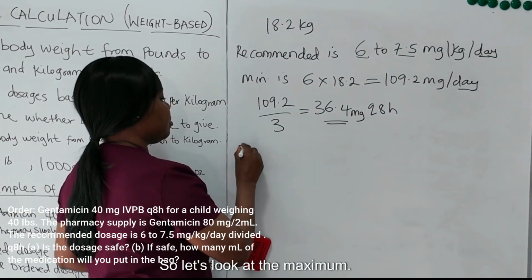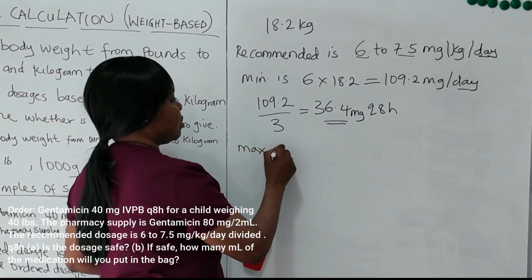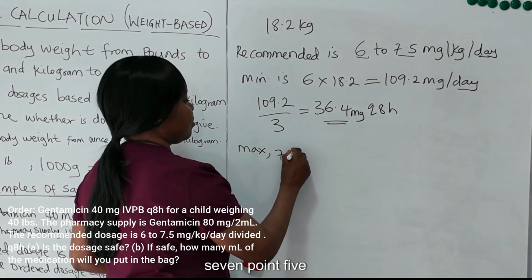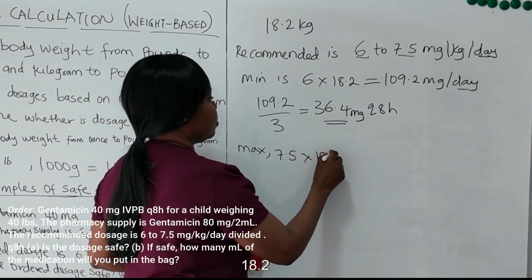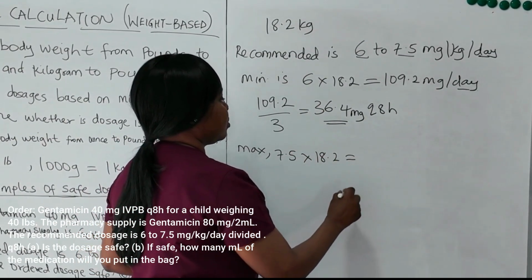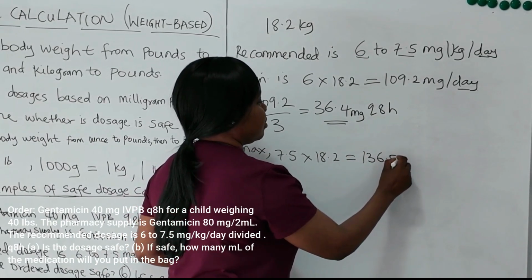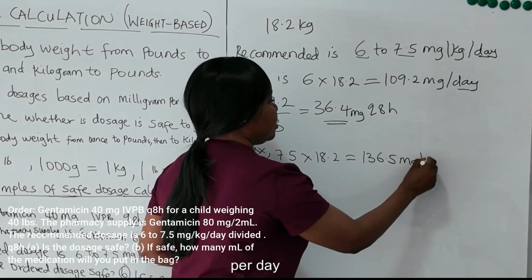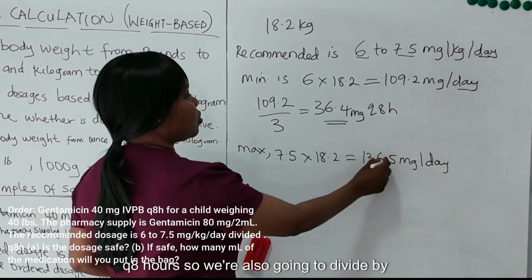So let's look at the maximum. So the maximum says 7.5 milligram per kg, so times 18.2, which will give us 136.5 milligram per day. But we need it Q8 hours. So we're also going to divide by 3.